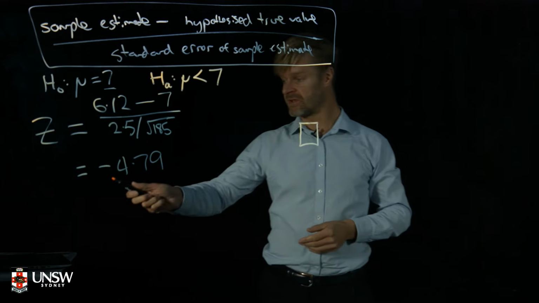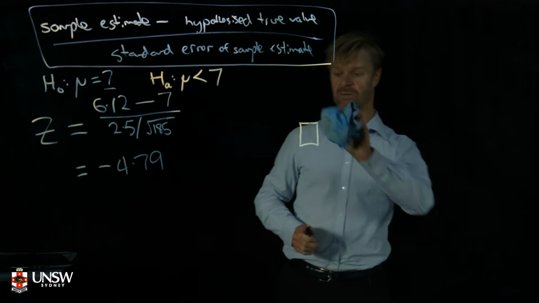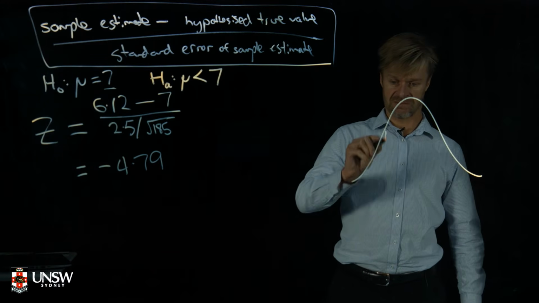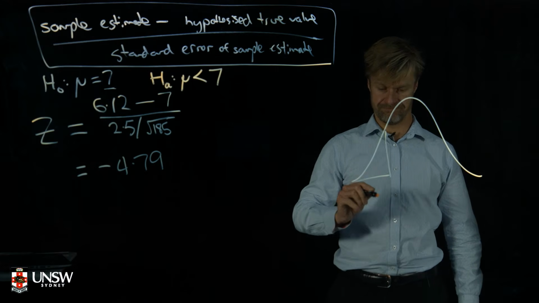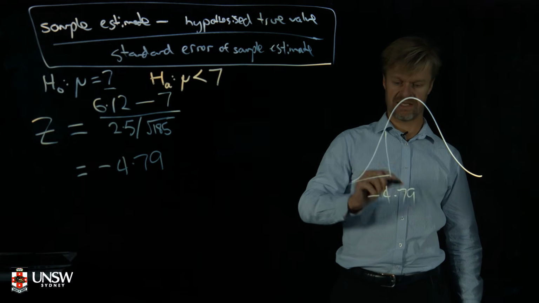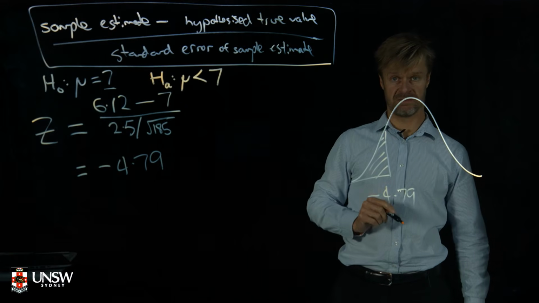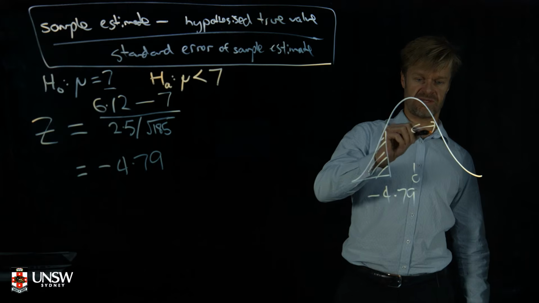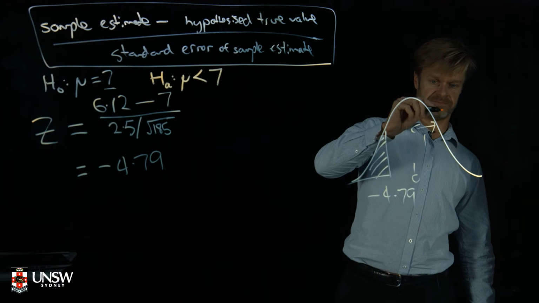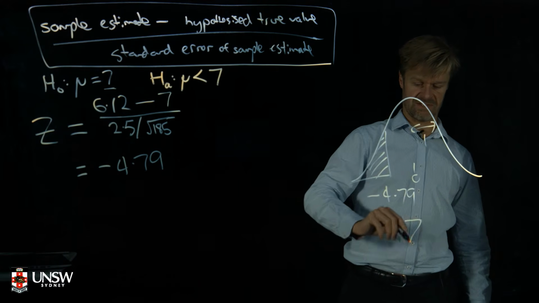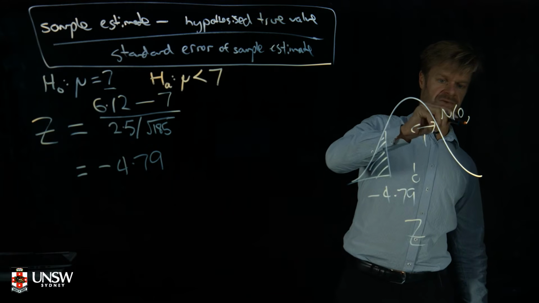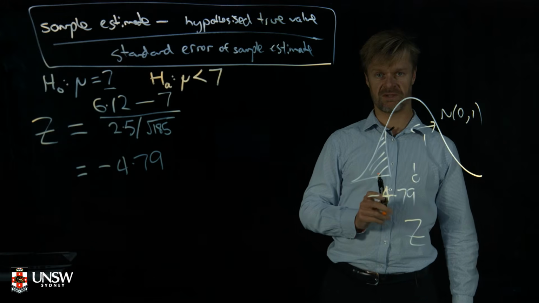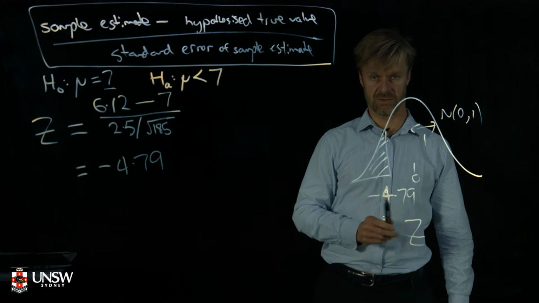If you want to say, is this unusually small? You say, well, how often would I expect something that small or smaller? We want to calculate this probability here, assuming this statistic comes from a standard normal distribution. Okay, we're saying that Z has a standard normal distribution, and we're saying how often would I expect to get something this small or smaller?